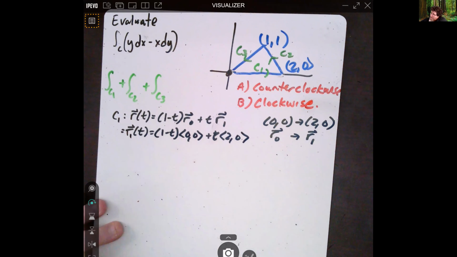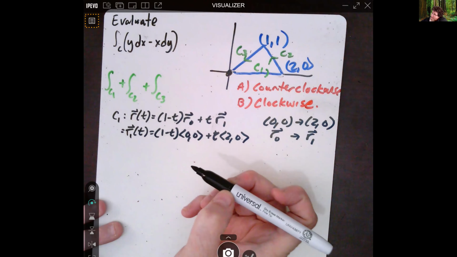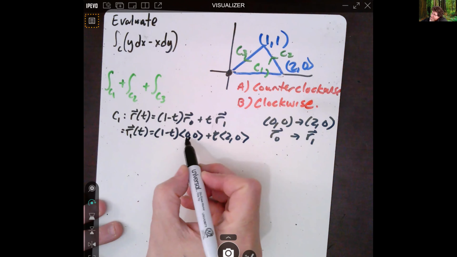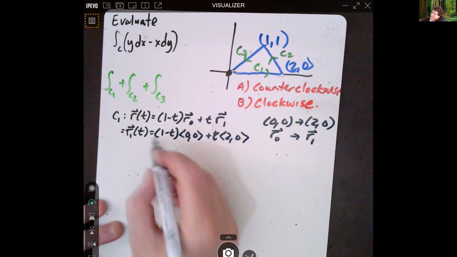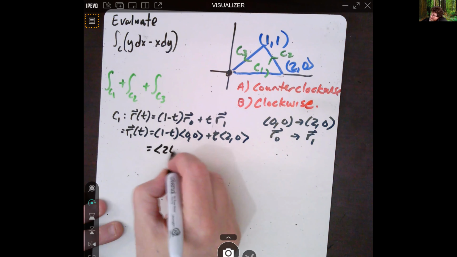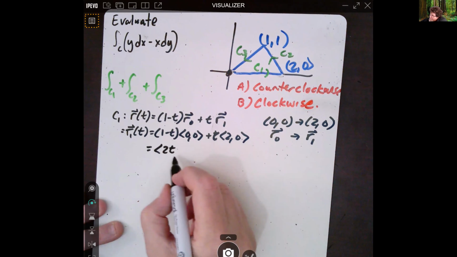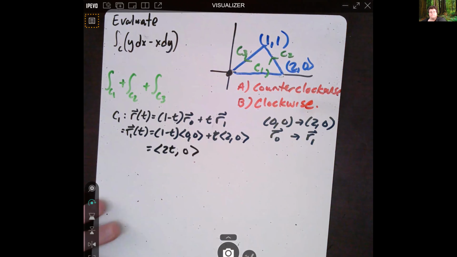So I'll call that R1 of t because it's our first contour. 1 minus t times 0 is 0 plus t times 2 is 2t. And the y component is 0 on both of those. So that's R1.